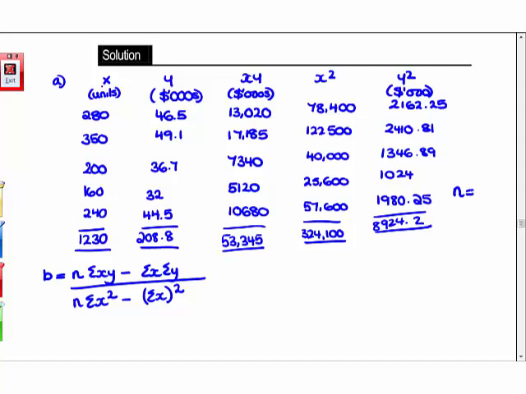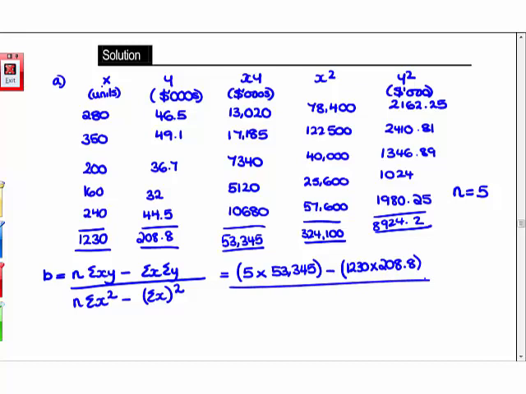N is equal to 5 because we've got 5 levels of production and the associated costs. So we've got 5 times the total of the XY column, which is 53,345, minus the total of the X column, which is 1,230, times the total of the Y column, which is 208.8.